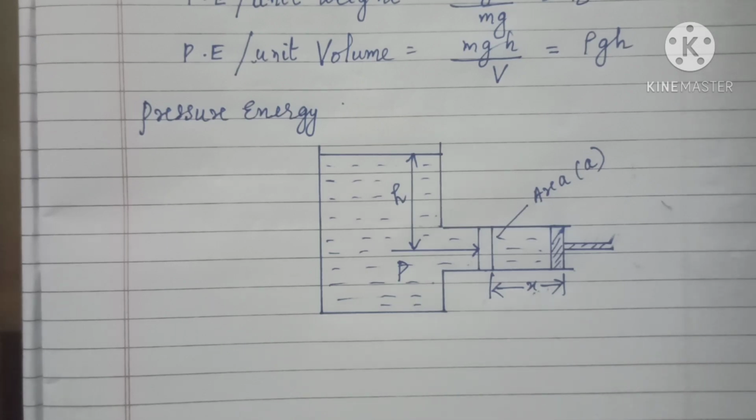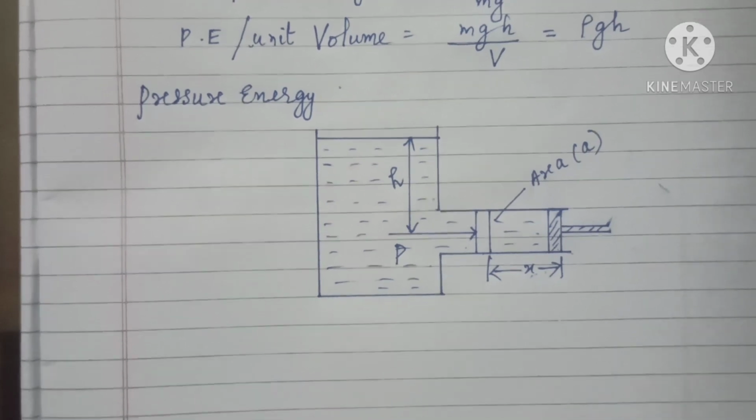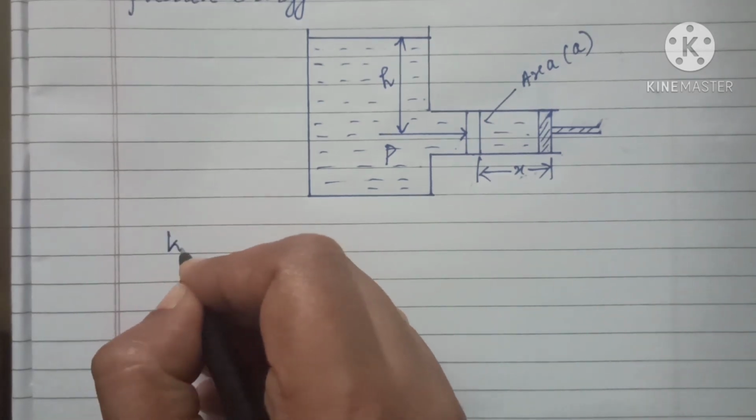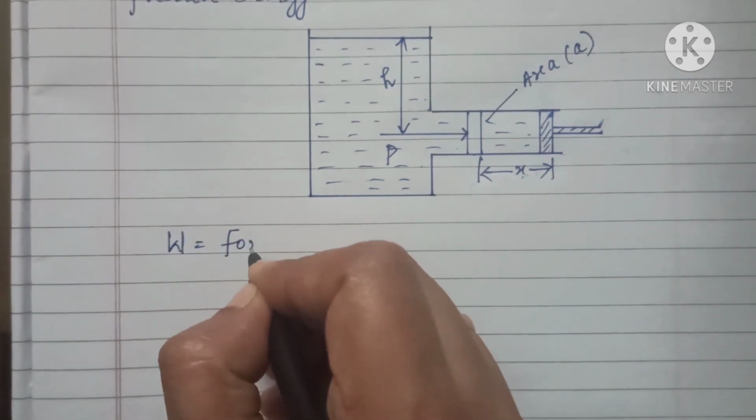Clear for you? Now, surely there is a force applied, that is pressure, isn't it? When it is applied there is a displacement also. So you can find the expression for work as you have force and distance. So work is equal to force into distance.